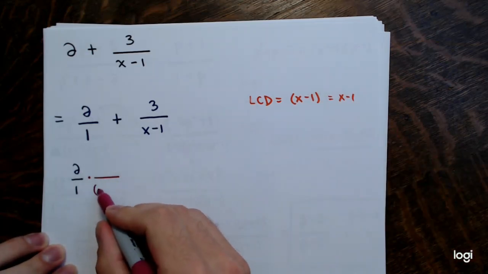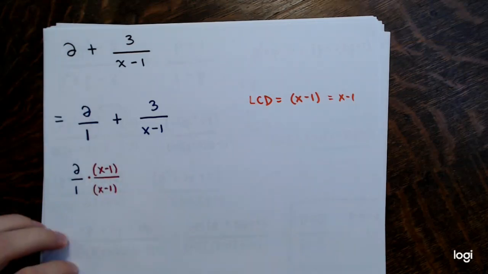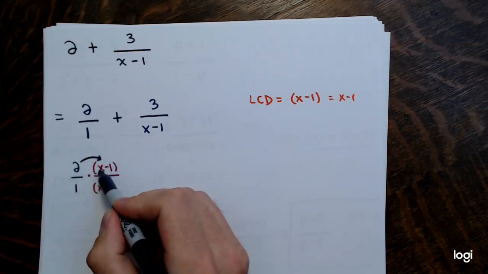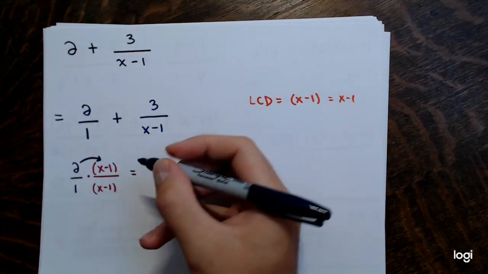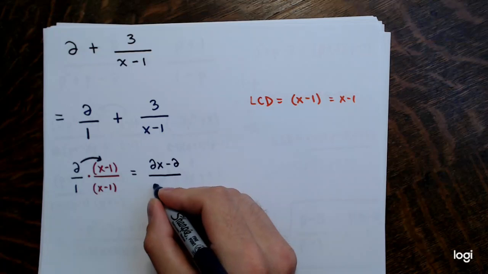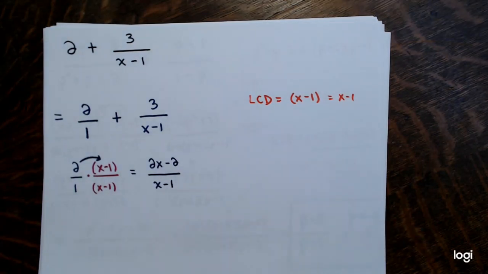So multiply the top and bottom by the quantity x minus 1. And again, I say the whole thing, because we're going to be distributing the 2. You're not just multiplying the x by 2, but all of it, the whole thing, x minus 1. So the numerator would be 2x minus 2, and the denominator would be x minus 1. If you want to put it in parentheses, fine, but it's the only factor in the denominator.